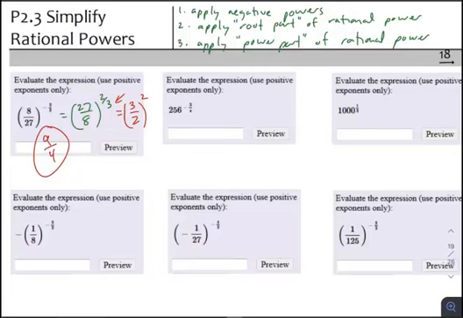What you could do, if you would like to, is I'd still suggest you apply the negative power first. So I'm first going to apply the negative power. The next thing you can do is express each number in its exponential form, as an exponent.